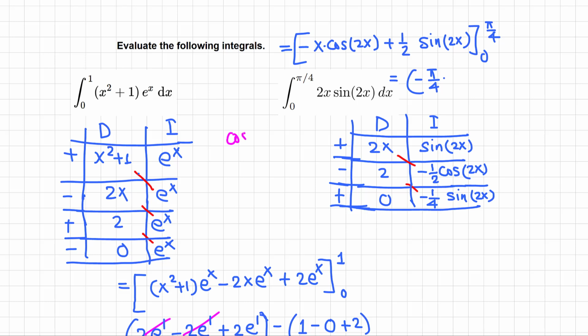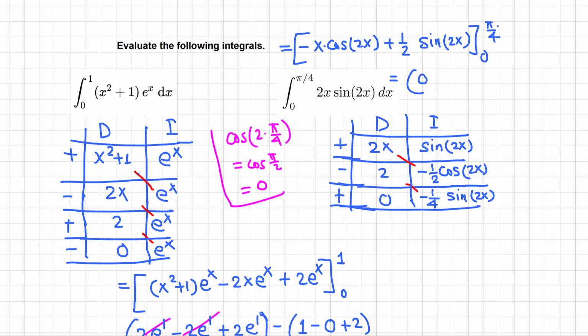Cosine of 2 times pi over 4 is cosine of pi over 2, and from your calculator or the unit circle, cosine pi over 2 is 0. So 0 times anything is 0, so we don't even have to write this term.